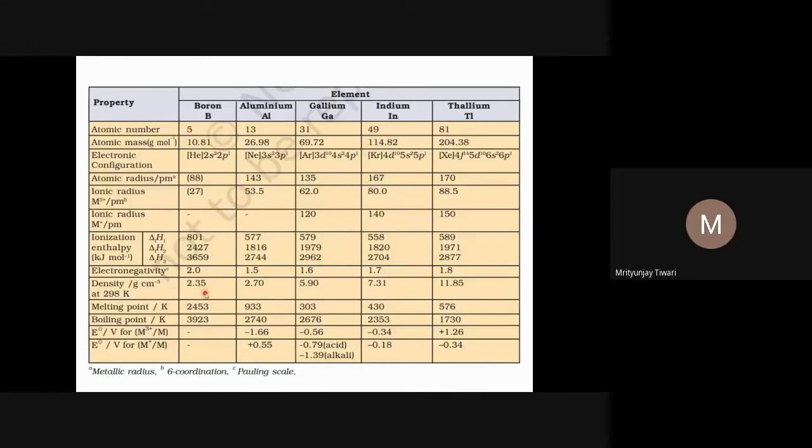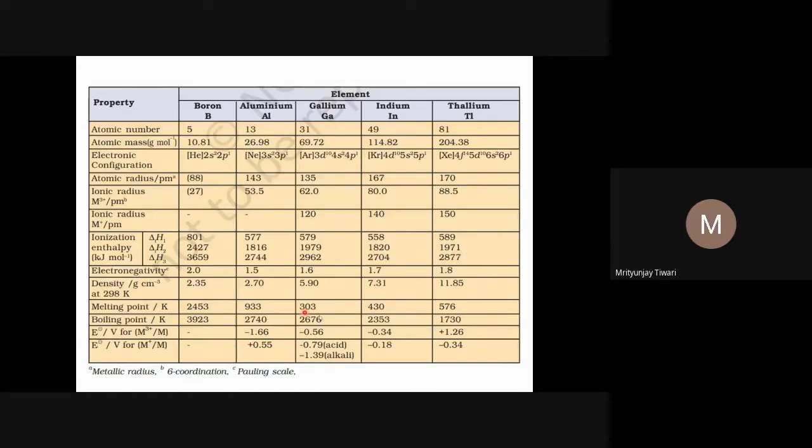The density of boron is 2.35, in gram per cubic centimeter. So 2.35, then aluminium 2.70, gallium 5.9, indium 7.31, and thallium 11.8.